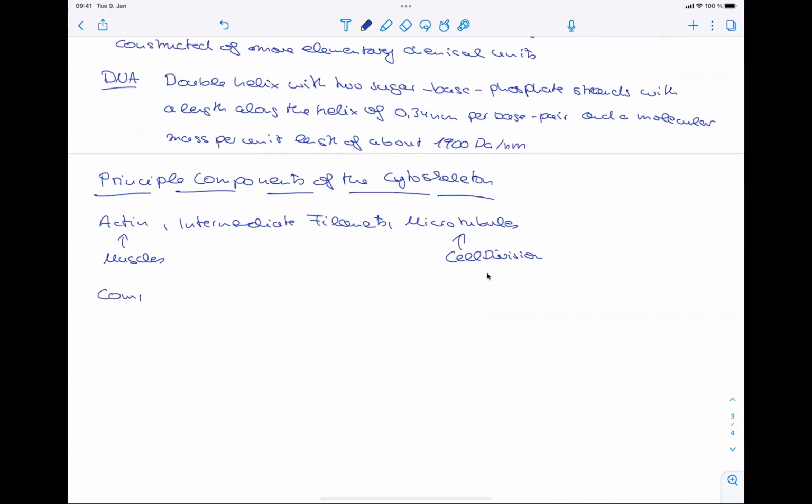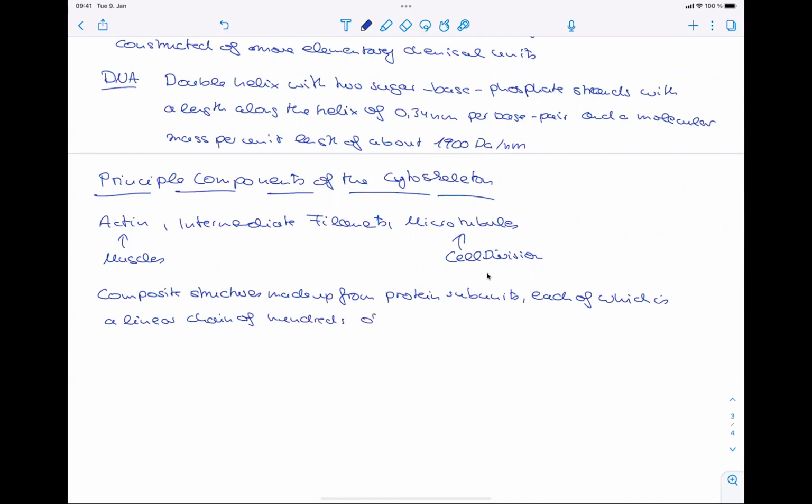Each of these are composite structures made up from protein units, subunits, and each of which is a linear chain of hundreds of amino acids.